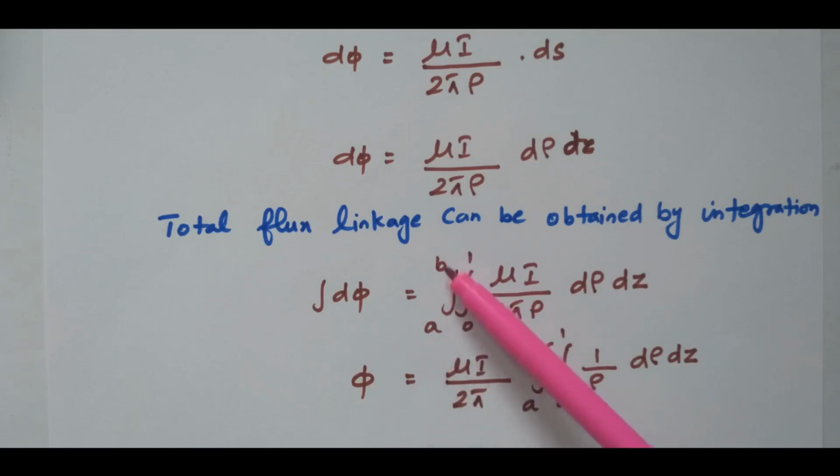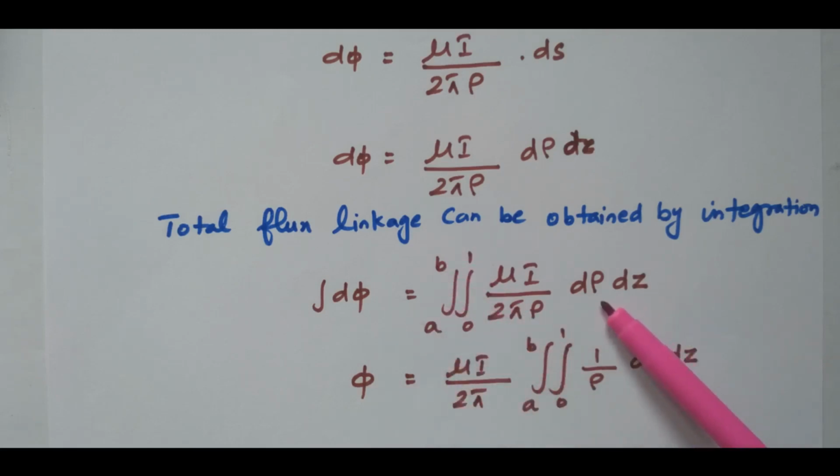So, a to b is the limit for the radius. For the length, the limit is 0 to 1, because we consider 1 meter length of cable.